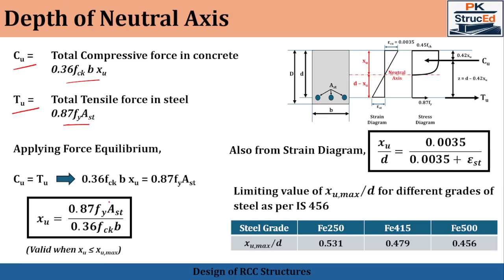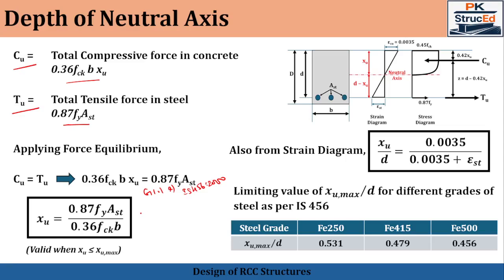On simplifying, you can get the depth of neutral axis. So Xu will be equal to 0.87 Fy Ast divided by 0.36 fck b. This is what has been given in Annexure G 1.1 (a) of your IS 456 2000.